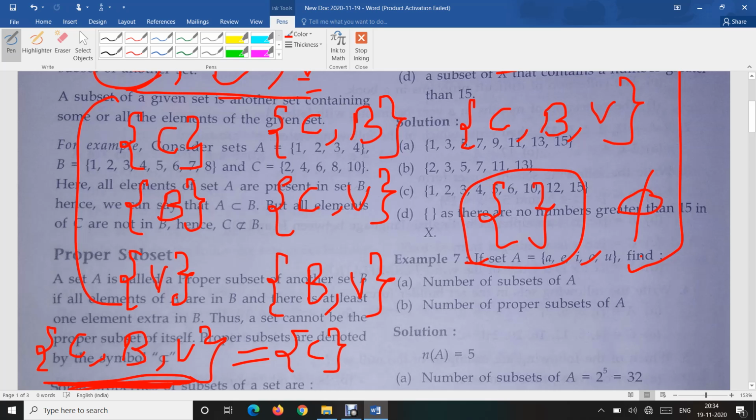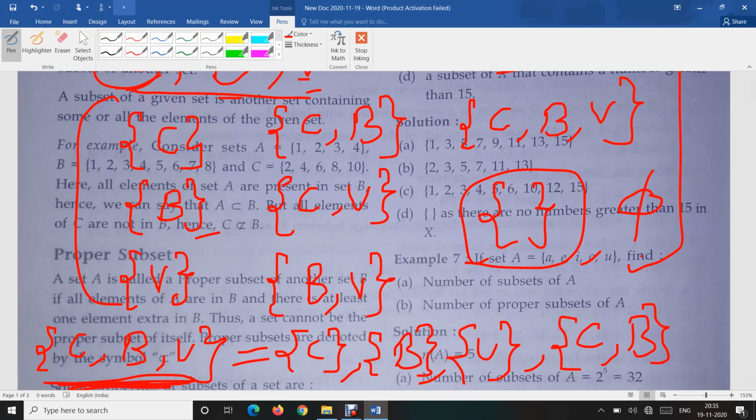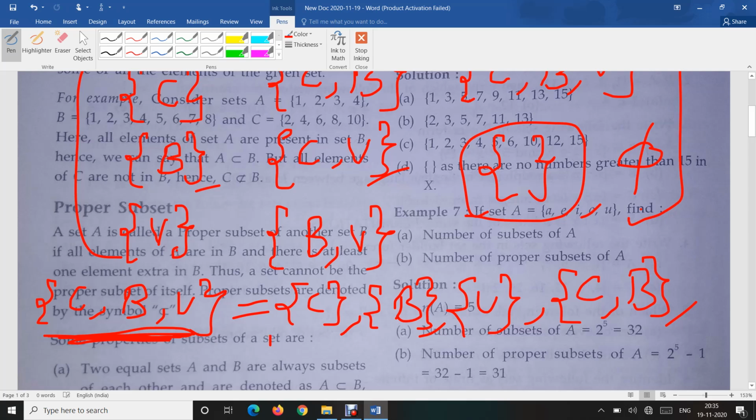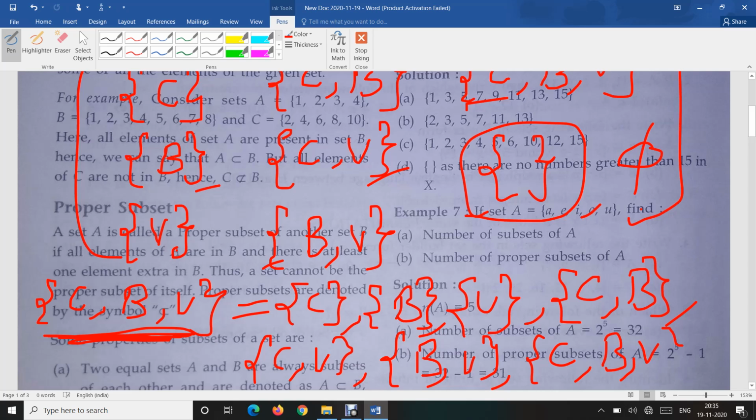First one is chocolate, second one is butterscotch, third one is vanilla, and fourth one is chocolate and butterscotch, next is chocolate and vanilla, the next one is butterscotch and vanilla, the next one is chocolate, butterscotch and vanilla, and the last one is phi, which is empty.